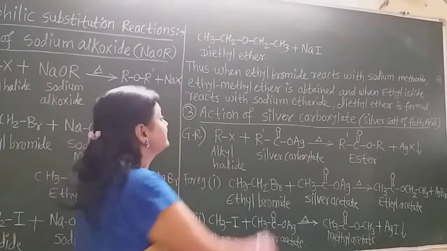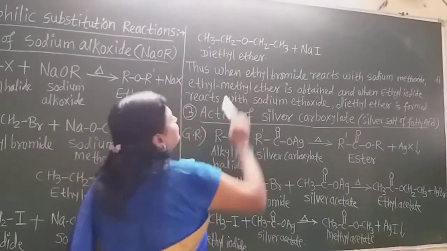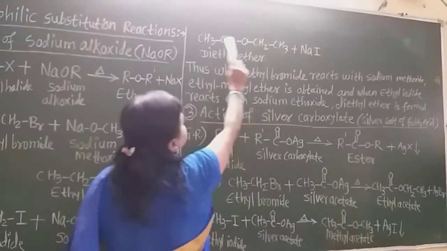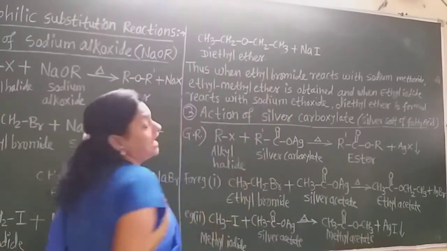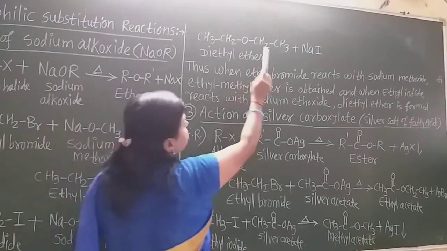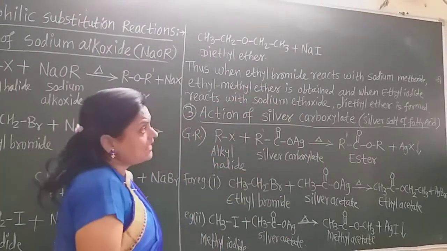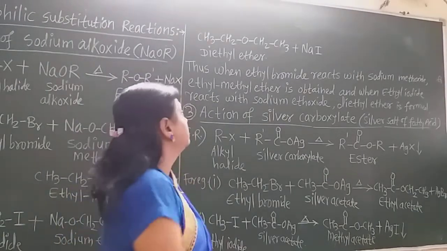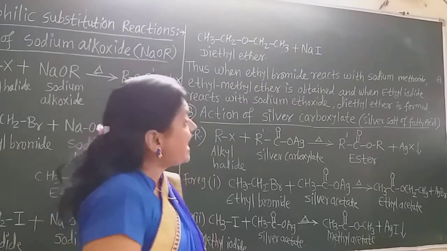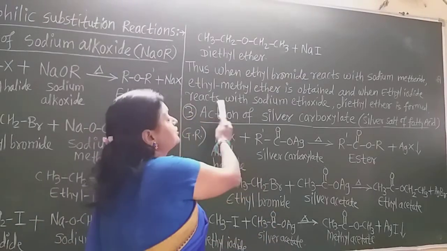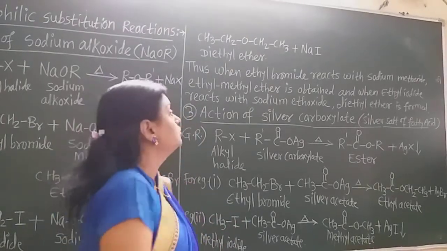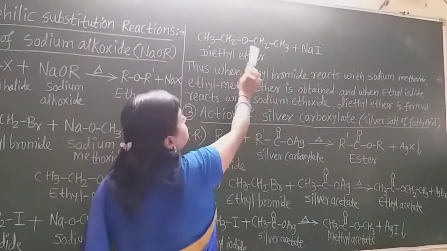This is a symmetrical ether because both alkyl groups, the ethyl groups, are the same. Thus when ethyl bromide reacts with sodium methoxide, ethyl methyl ether is obtained in the first reaction, and when ethyl iodide reacts with sodium ethoxide, diethyl ether is obtained, which is a symmetrical ether.